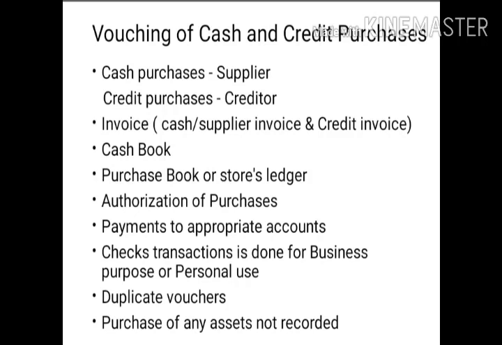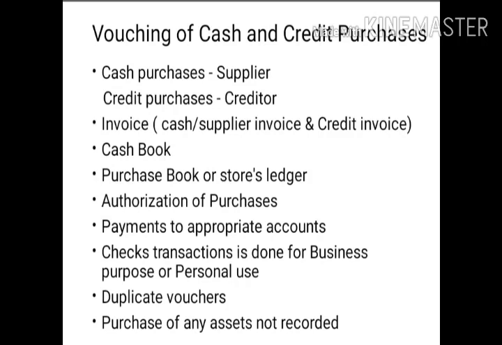Next, the auditor has to see that the amount of payment made by the company is recorded in the appropriate accounts, the cash book as well as the supplier's account in the books of accounts. He also verifies that the amount recorded in the cash book should match with the amount in the bill or a voucher.